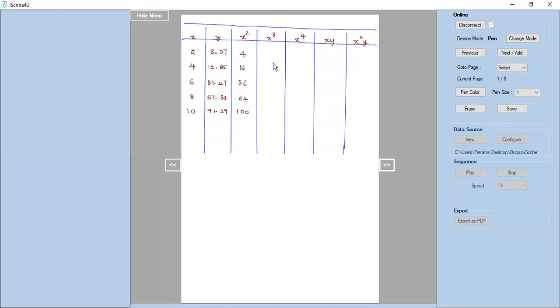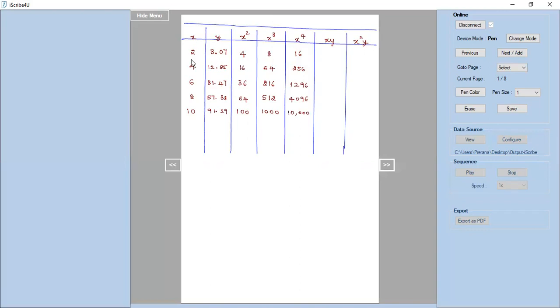By cubing the values of x, we obtain 8, 64, 216, 512, 1000. X power 4, 16, 256, 1296, 4096. Then lastly it is 10,000. So these are the values of x square, x cube, x power 4.